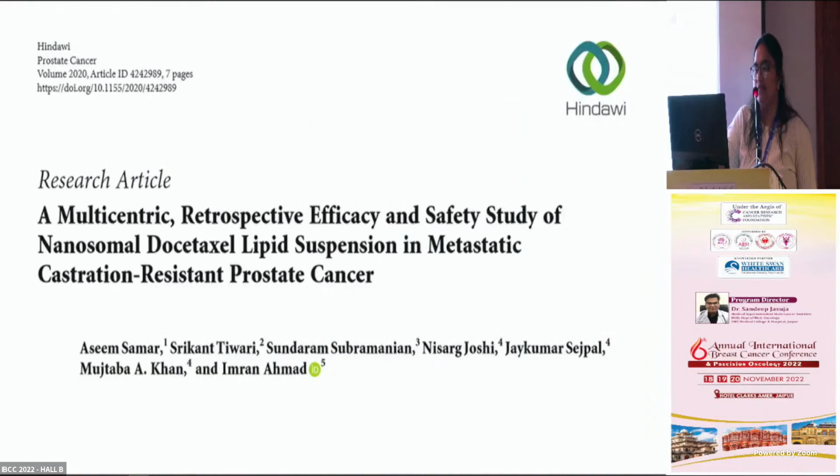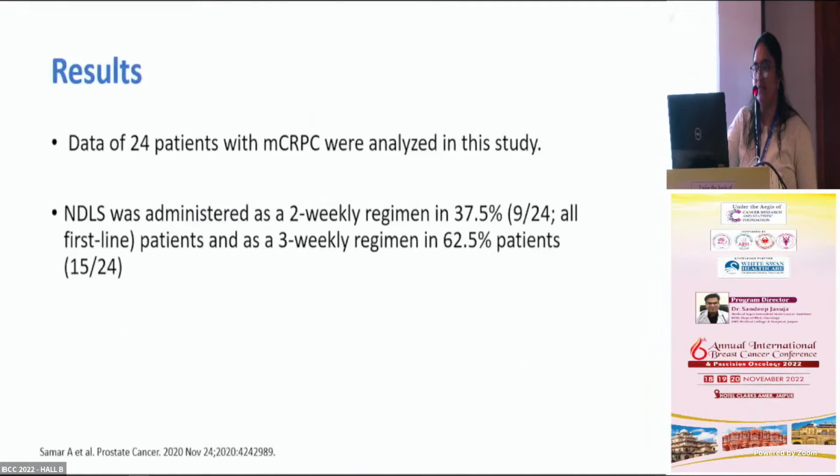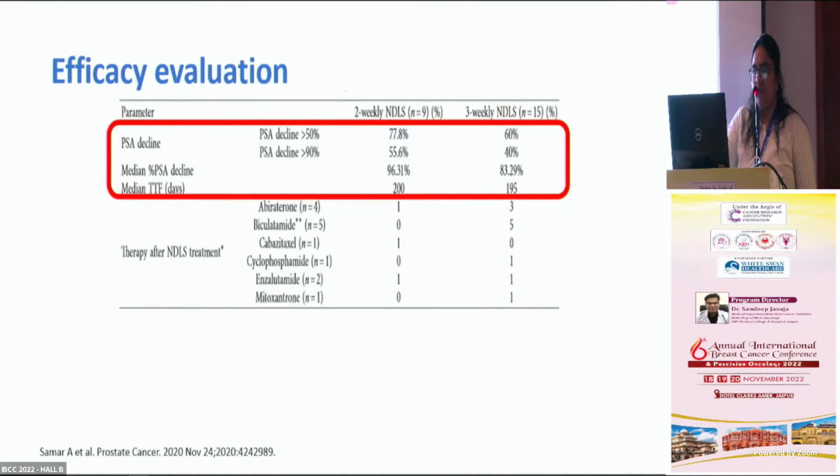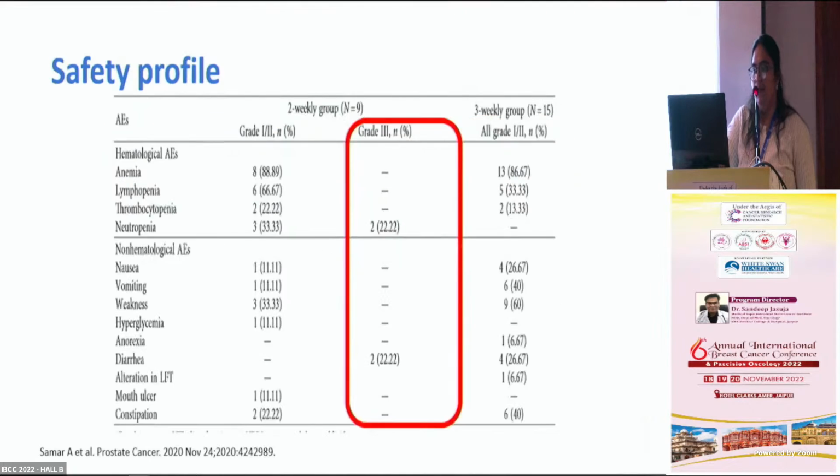This is another study of nanosomal docetaxel in metastatic CRPC. 24 patients' data was analyzed. 9 out of 24 patients received a 2 weekly regimen, while the other patients received a 3 weekly regimen. There was a good PSA decline of more than 90% in around 55% of patients in the 2 weekly arm and 40% in the 3 weekly arm.